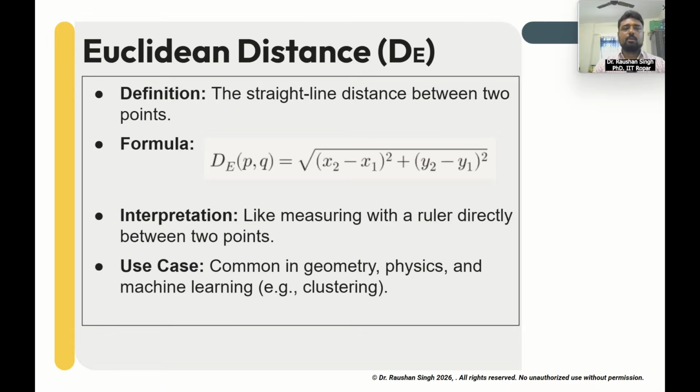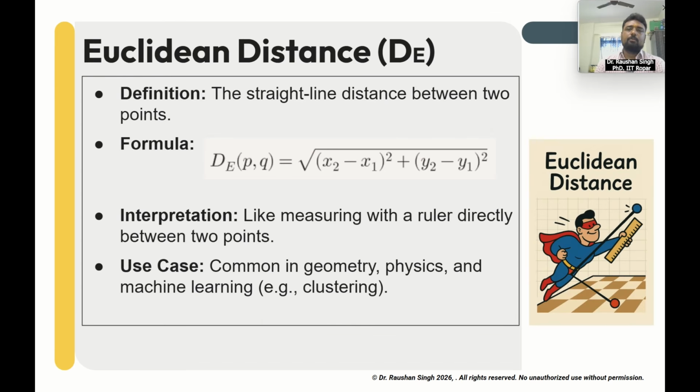The interpretation is like measuring with a ruler directly between 2 points. Use case: it is commonly used in geometry, physics, and machine learning, especially in clustering.